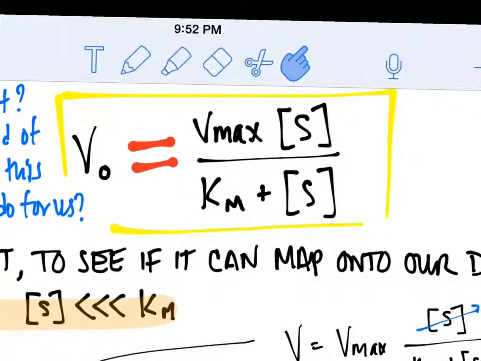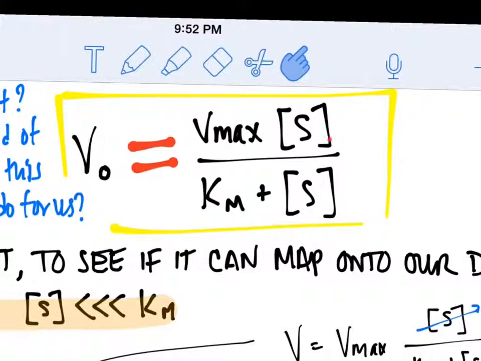So I could say like hot dog divided by hamburger plus hot dog. Any equation like that is asking you to look at the substrate, to manipulate the hot dog concentration to see what it is when it's high and when it's low.